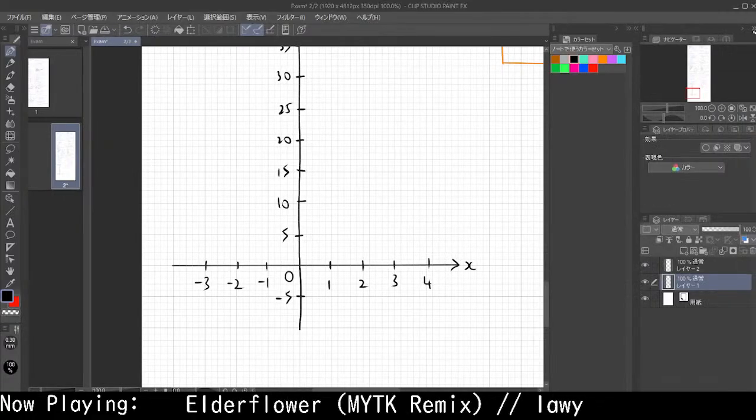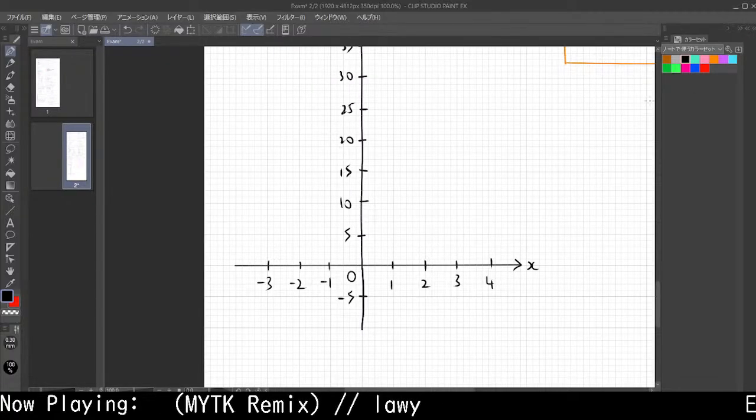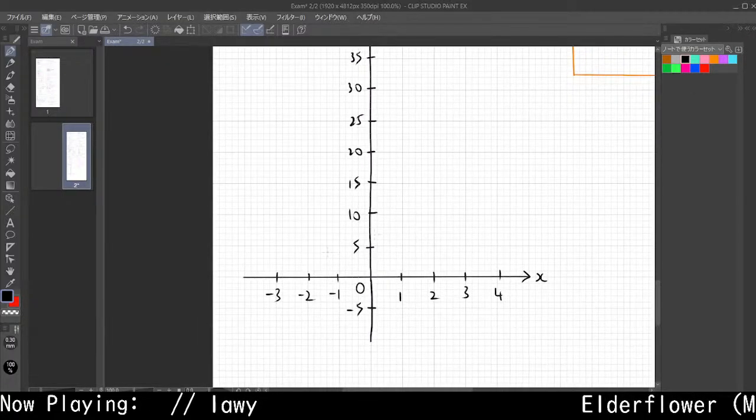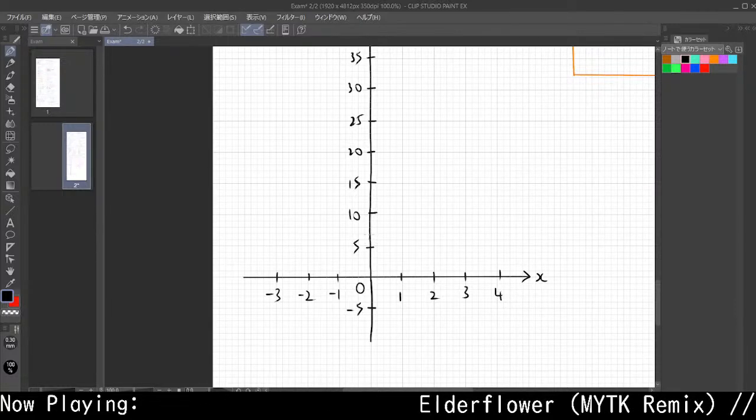After this, you want to put down your points. Your points in this case would be as follows. -3, 2: 1, 2, 6, 7, 8?